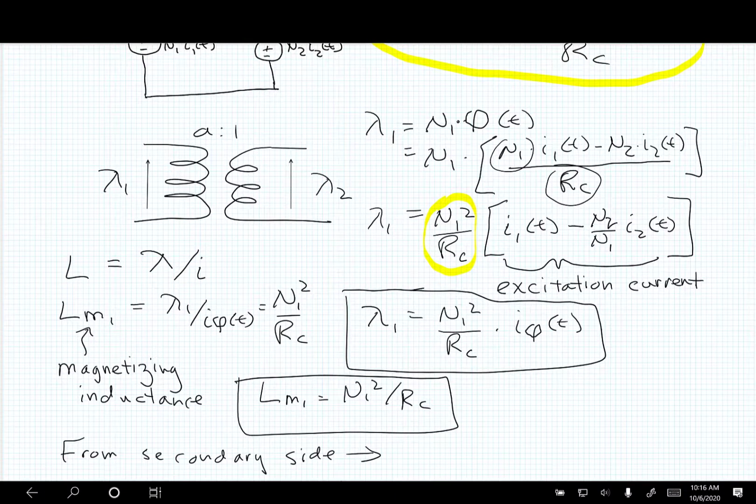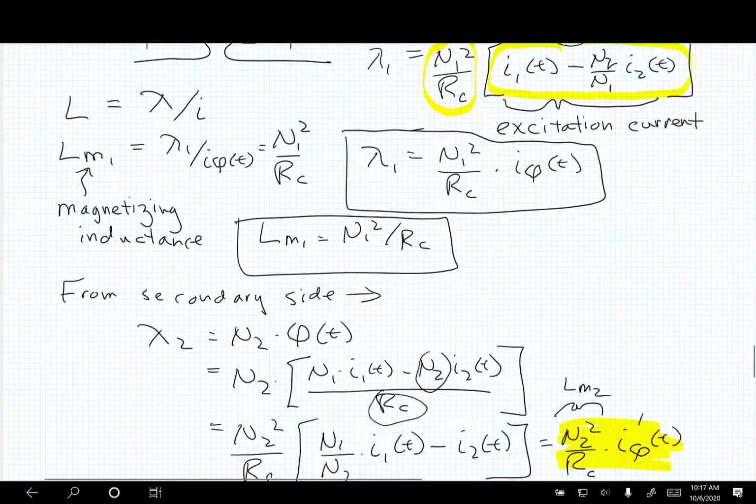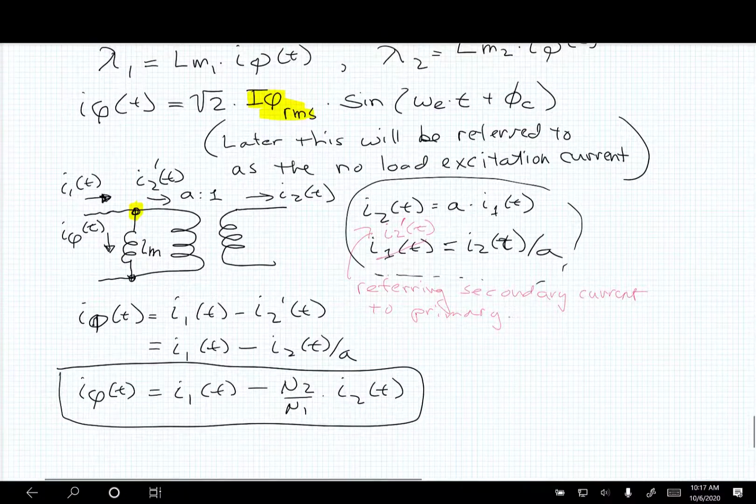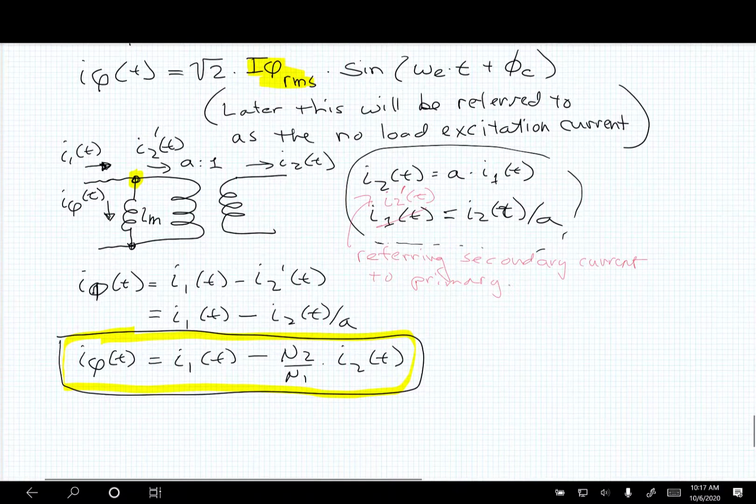Does this look familiar? We should have that been down here. And we do, right? So the excitation current is I1 of t minus N2 over N1 times I2 of t.